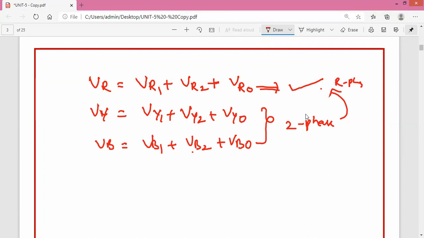So your time will be reduced, and the calculations will also be reduced. This can be done by using a notation, which is represented with K or lambda or alpha or A. Any one of the notations you can take.